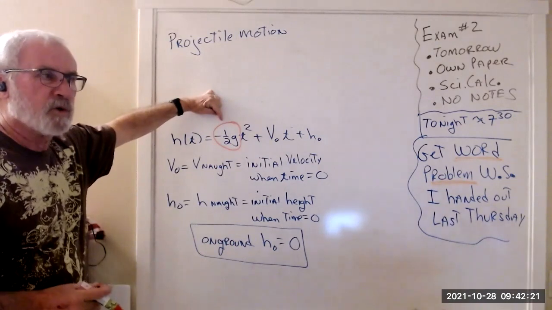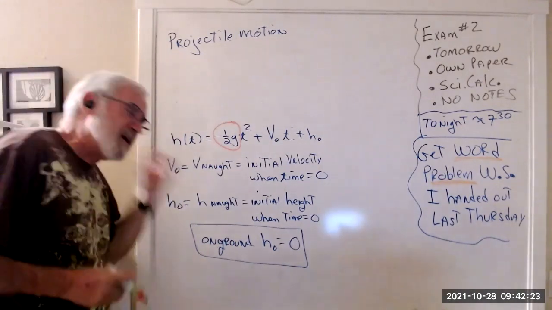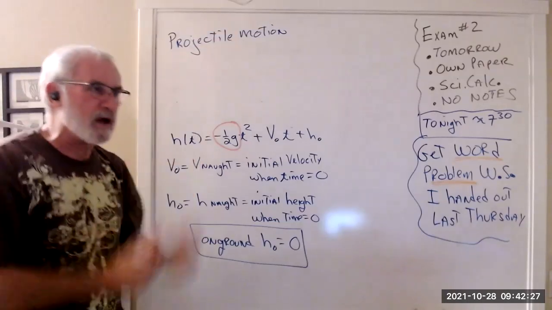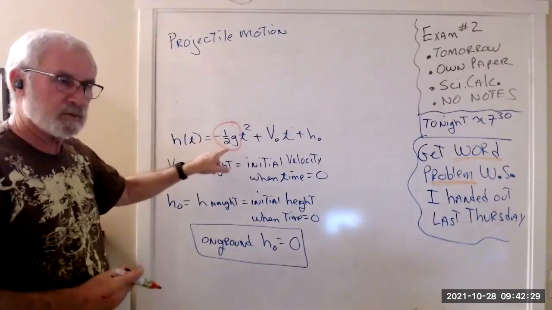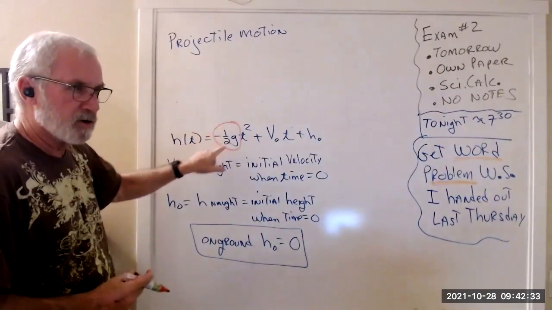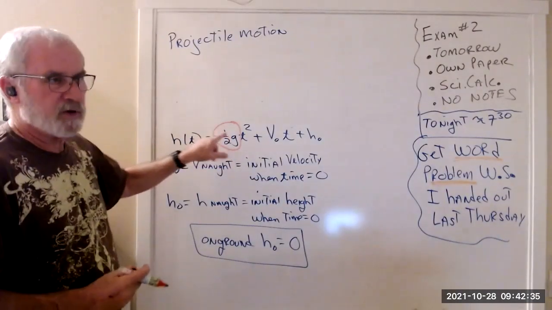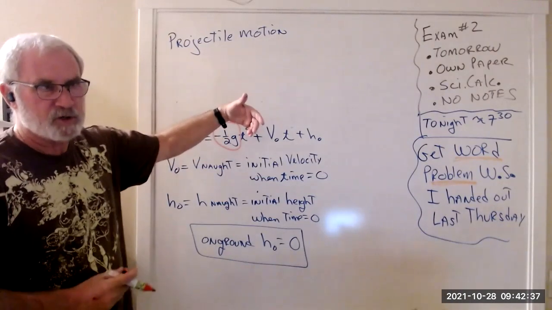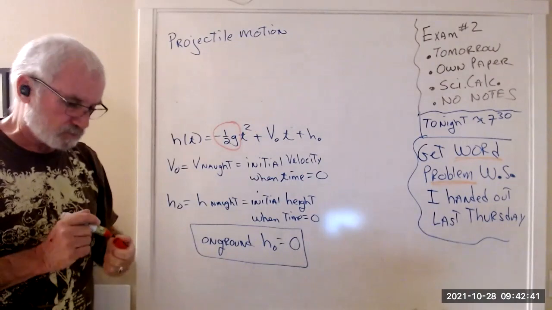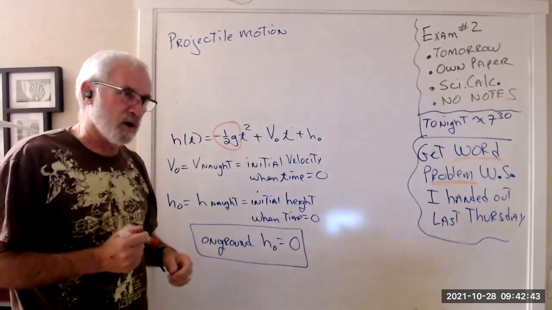That's the force of gravity. The instant we start throwing something up in the air, gravity starts pulling it down. So this first number here is the effect of gravity on whatever your object is. The effect of gravity changes depending on what planet you're on.